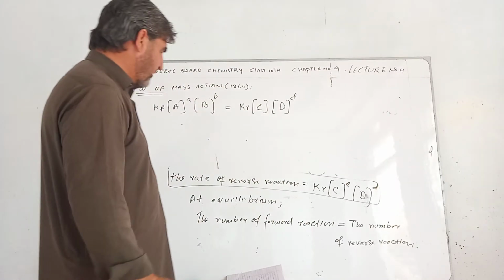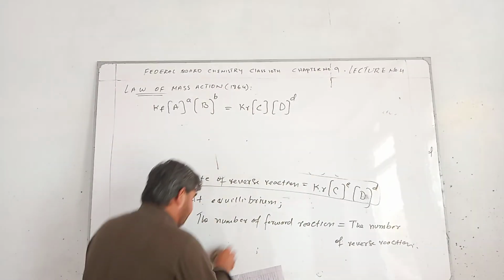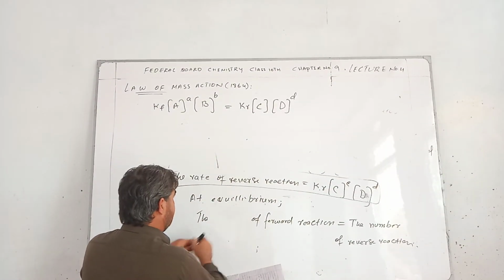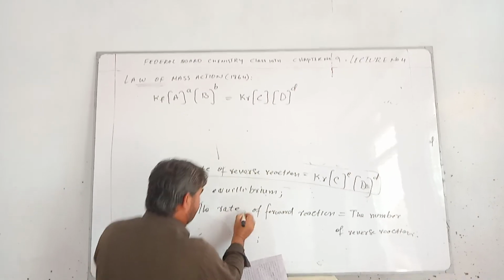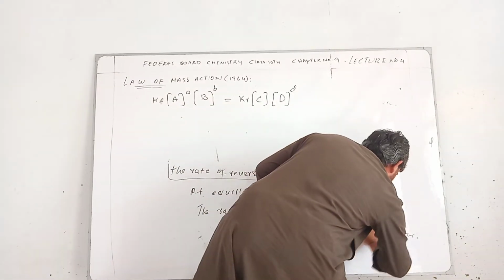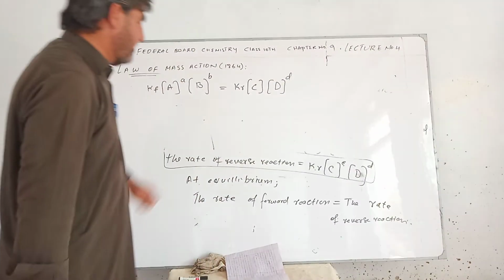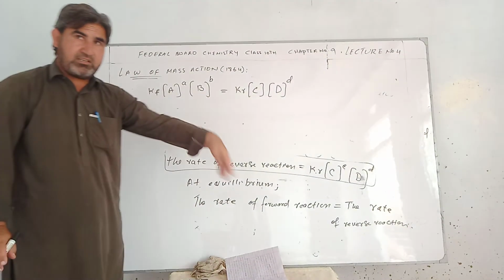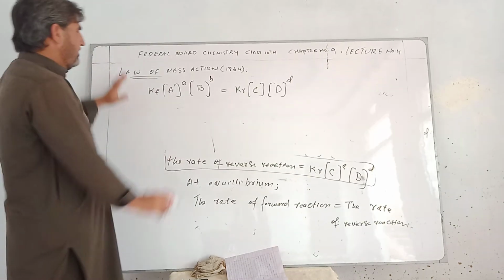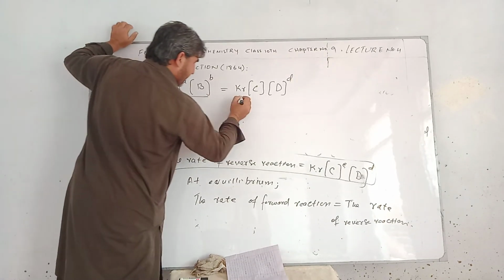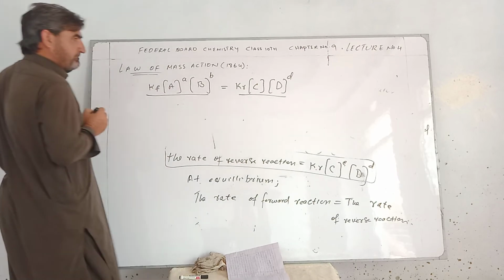The rate of the forward reaction is equal to the rate of the reverse reaction at equilibrium. This is the rate of the forward reaction, and this is the rate of the reverse reaction.